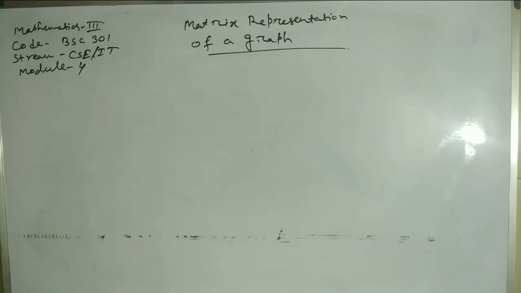So there are different types of matrix representation. Now I will show how an adjacency matrix can be written corresponding to a graph, or vice versa, that is, we can also draw a graph if an adjacency matrix is given. Okay.